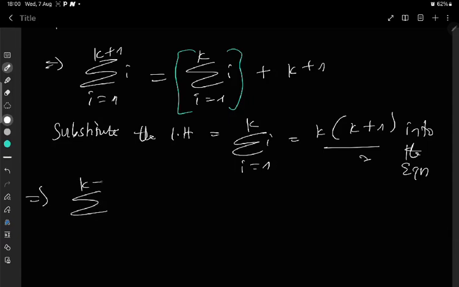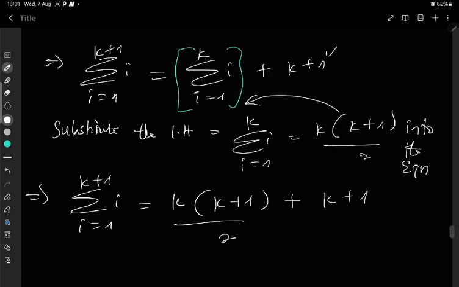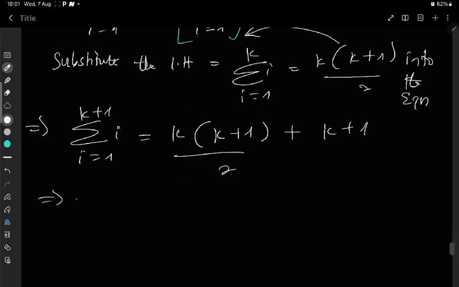This is how it will look. The sum of i beginning from 1 to k plus 1 will now be k(k plus 1) all over 2, plus this k plus 1. Further simplification: we know that k plus 1 can also be written as 2(k plus 1) all over 2.